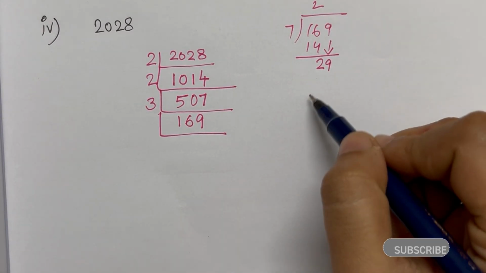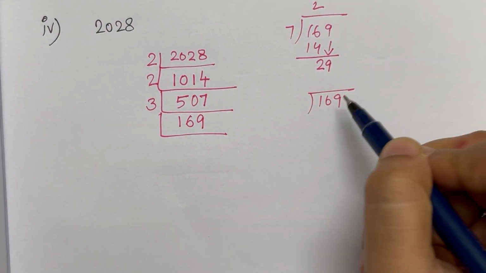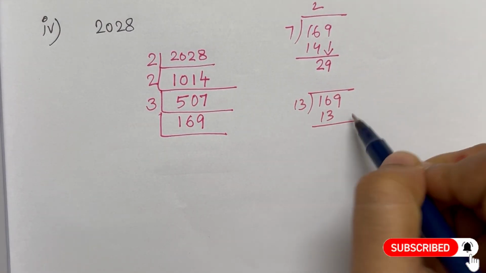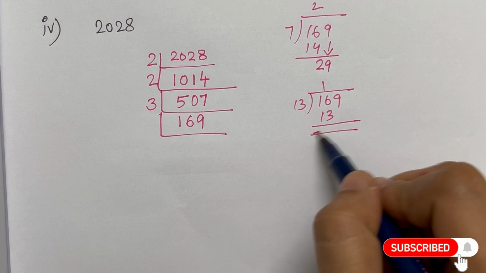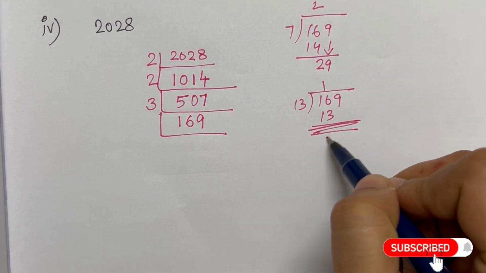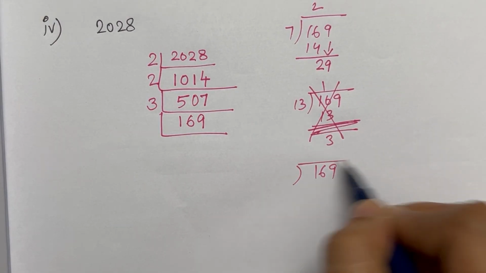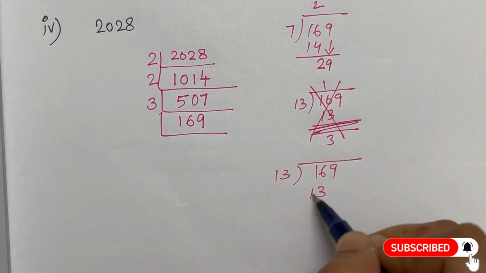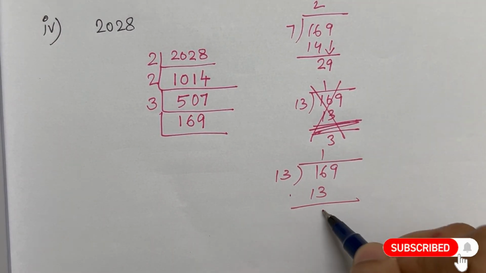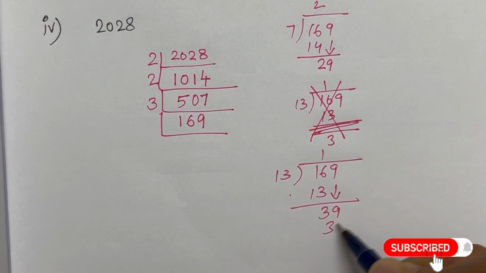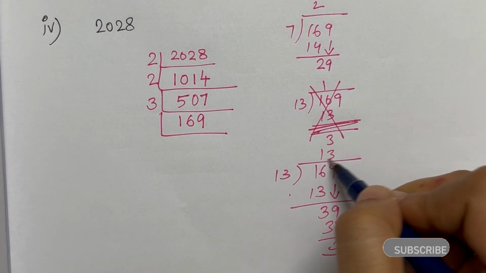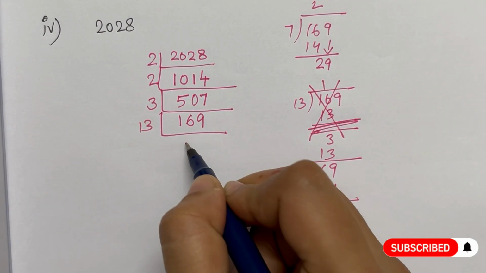Let's check whether this is divisible by 13. So 169 divided by 13. 13 will come one time, 3 left, 39, 39 will come 3 times. So this is divisible by 13.